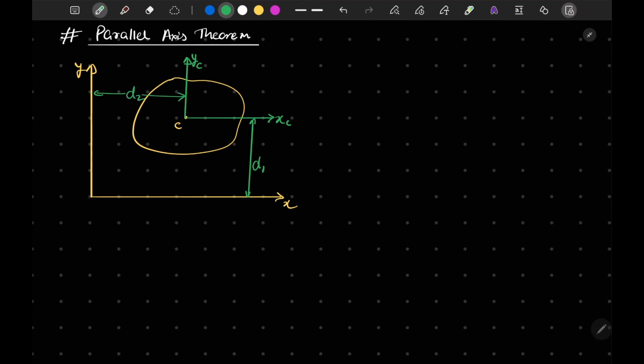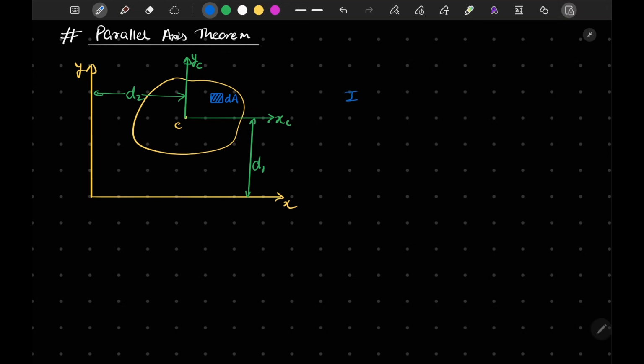Similarly here, let me draw it, we consider an area, and the area will be dA. Again, the distance of x from the y axis and xc from the yc axis. Using a similar way as before, I won't be doing the revision here, so I will obtain my inertia.